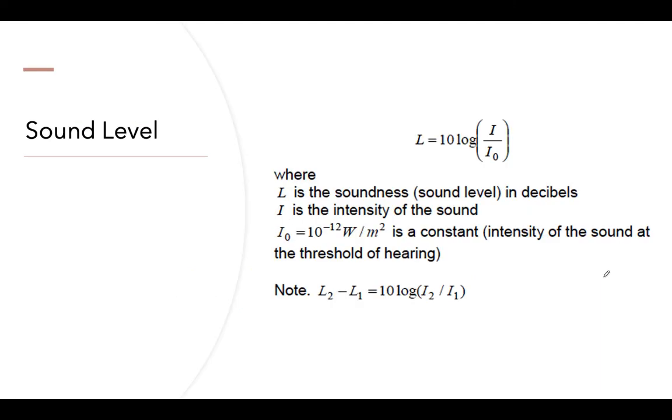Now let's go over some ideas of sound level. Sound level is usually done in the opposite of exponential, which is logarithmic form. L in this case represents the loudness in decibels, and the letter I represents the intensity of the sound. Now, I0, the initial amount, is a constant, 10 to the negative 12 watts per meter squared. This is the intensity of the sound at the threshold of hearing, so it's a given number.